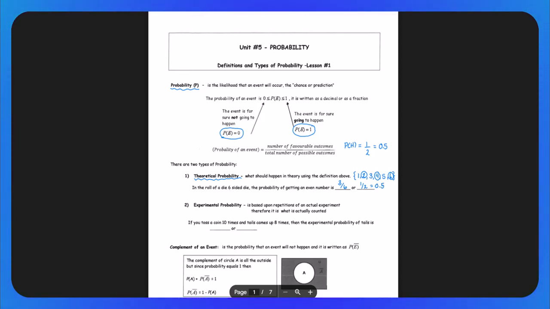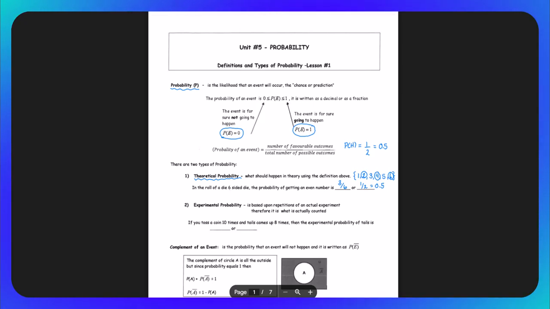Now this differs from the experimental probability. This is based on repetitions of an actual experiment. Therefore, it is what we actually counted. Because remember, the experiment may not be exactly the theoretical.